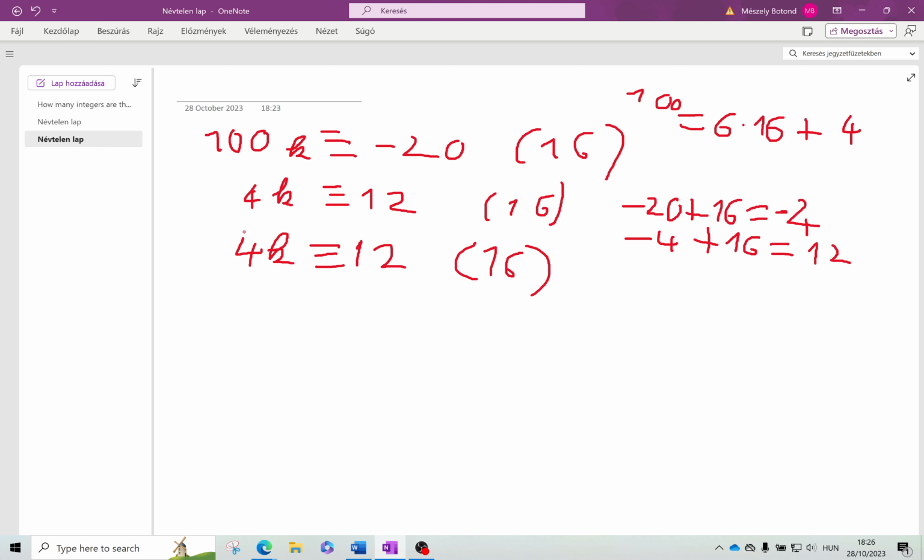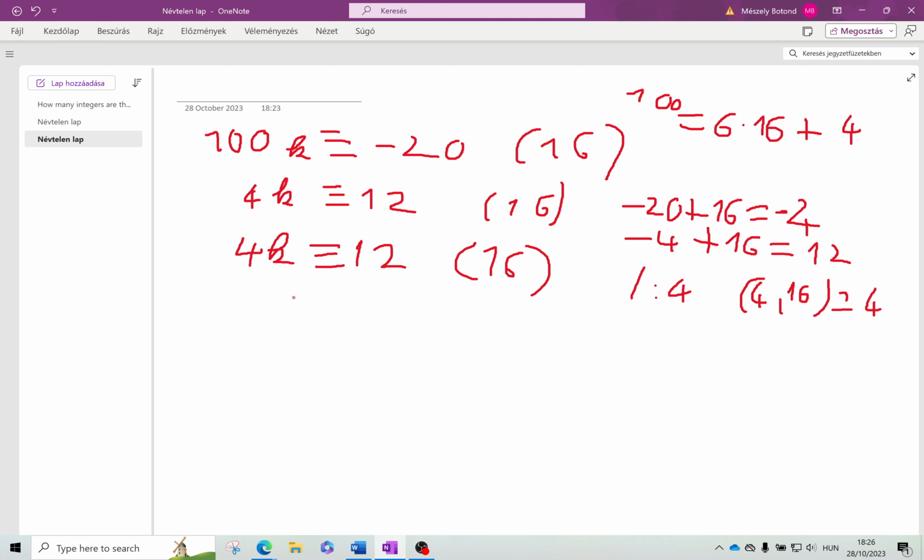We want to divide by 4. What happens when we divide by 4? First, we need to check the greatest common divisor of 4 and 16. The greatest common divisor of 4 and 16 equals 4, obviously, because 16 is 4 times 4.